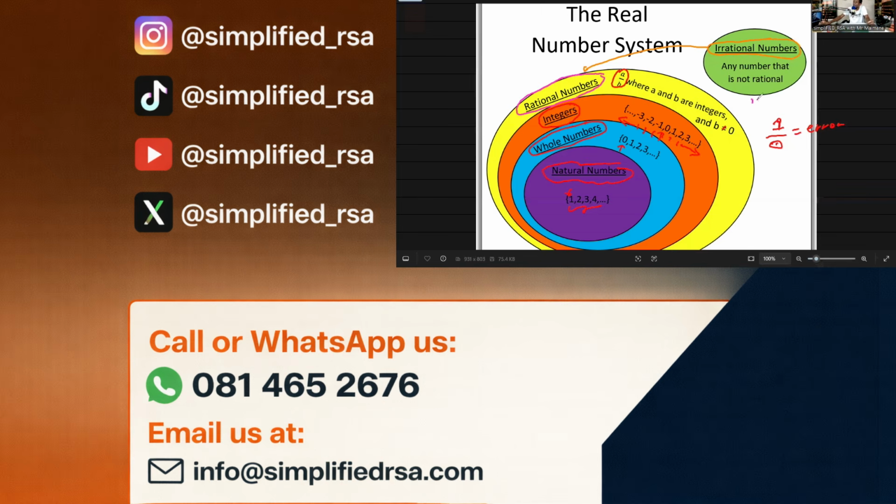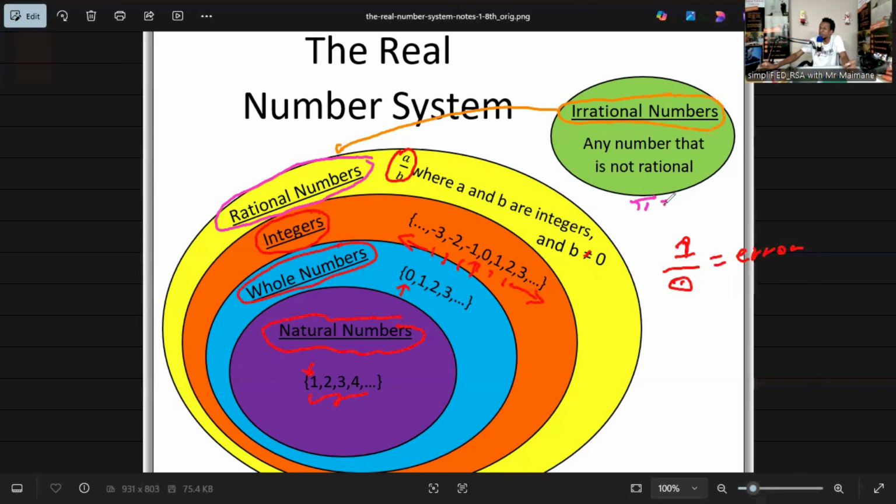For example, pi. As much as we say pi is equal to 3.14, the number pi is 3.14, and then it continues over and over and over. So the square root of 2, for instance, could fall under irrational numbers because you can't put it in the form of a fraction, though it is a decimal of some sort.